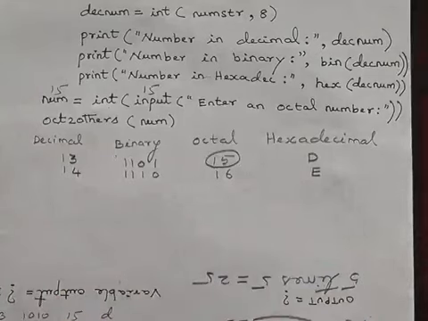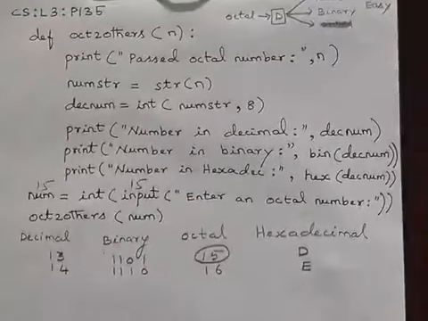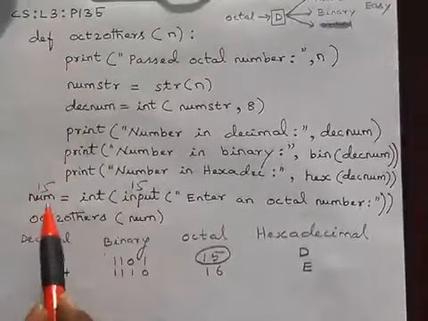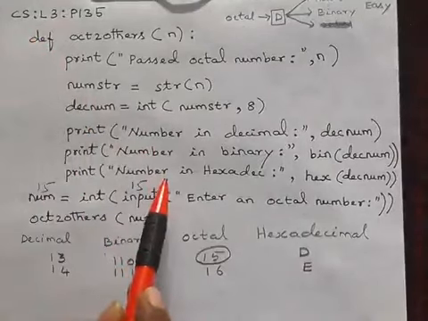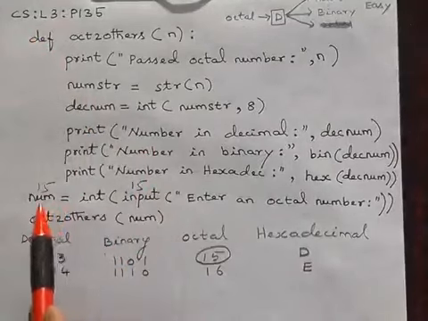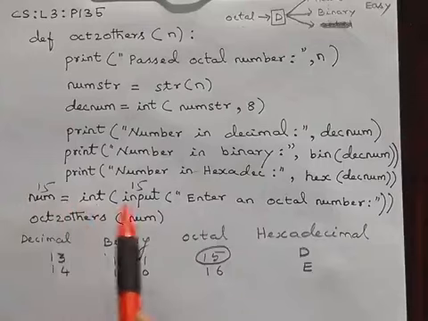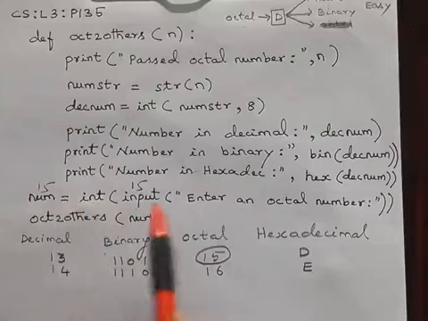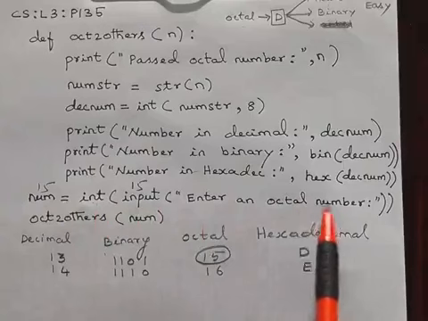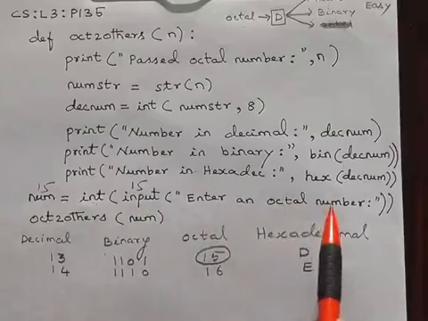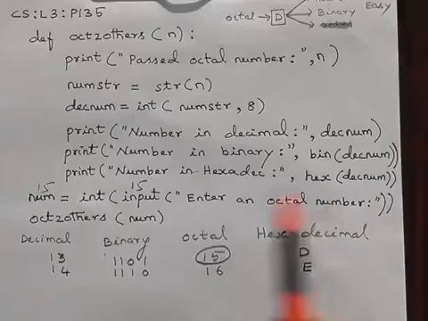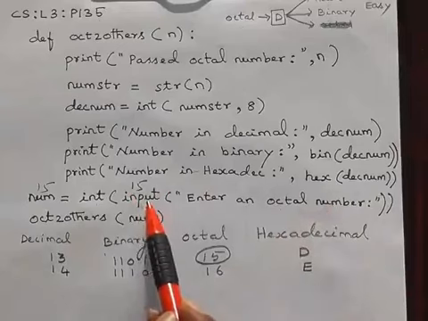Okay, fine. So what is this program? First we are going to this line, because you should not see this definition. Straightaway you have to go to this num equal to statement. The prompt int input, enter an octal number, will be printed, and you have to give a keyboard input.